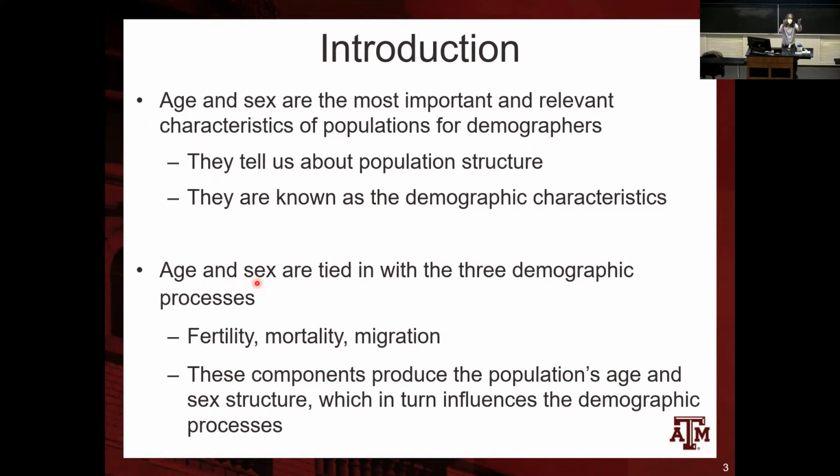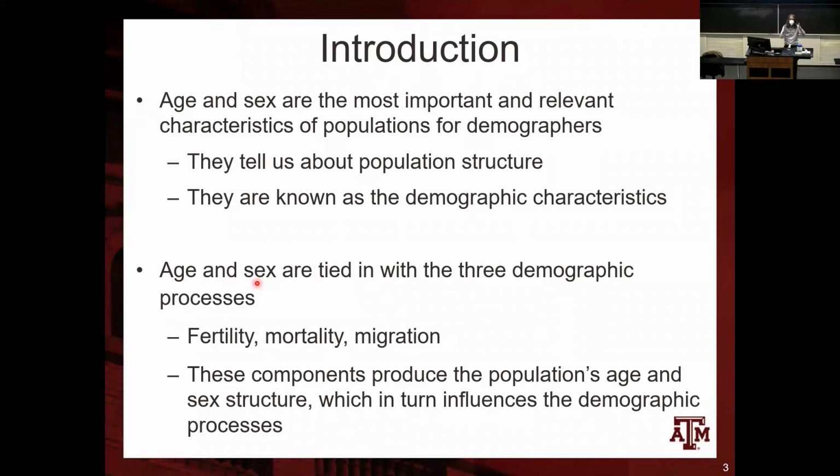But if they have a little bit of a decline in fertility, the number of children will decline even more, right? So what I'm saying is that if you have fertility decline in a population, it changes the age-sex structure of that population. And then the age-sex structure itself afterwards will affect the trends in fertility, right?